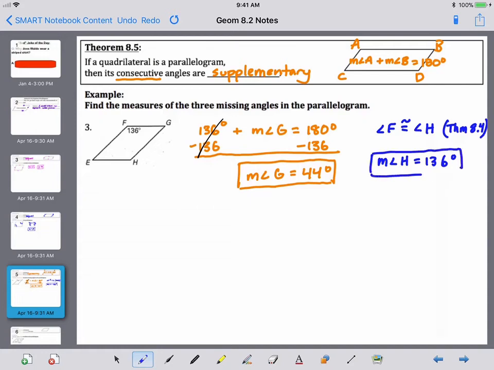It also works with angle G, which is congruent to the angle across from it, angle E. We know angle G is 44 degrees, so angle E is also 44 degrees. So we found the other three missing angles right here.